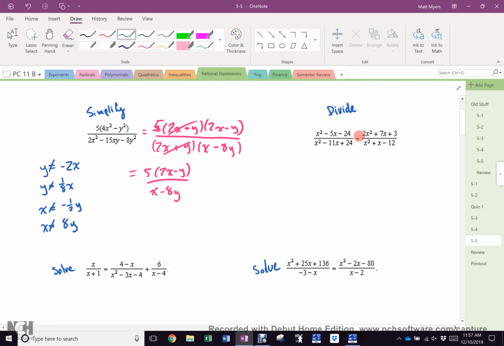What do I need to do first here? Factor. x plus 3, x minus 8 over x minus 3, x minus 8 times 2x plus 1, x plus 3, and x. I forgot to reciprocate.